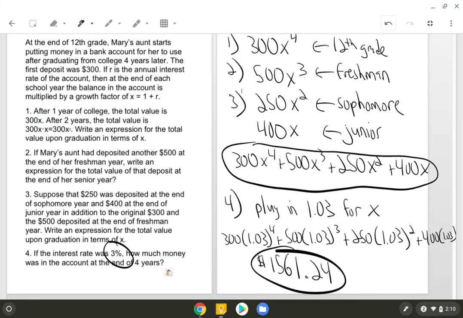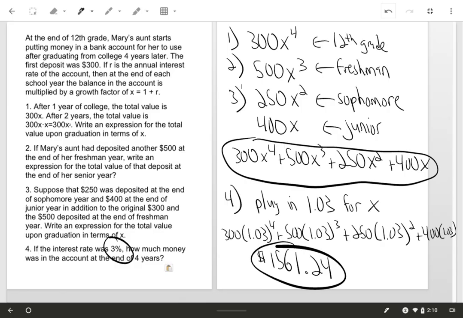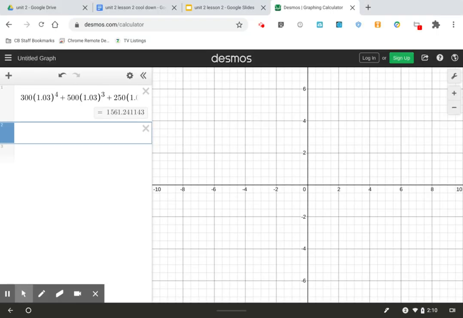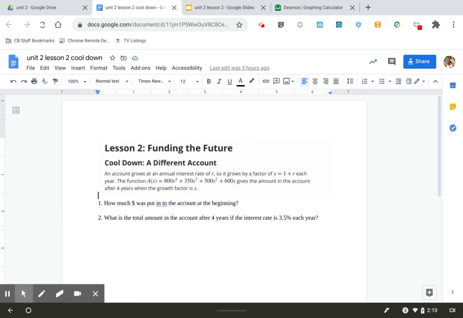Okay. So by plugging in 1.03, I was able to figure out how much money Mary will have access to at the end of her senior year of college. $1,561.24.